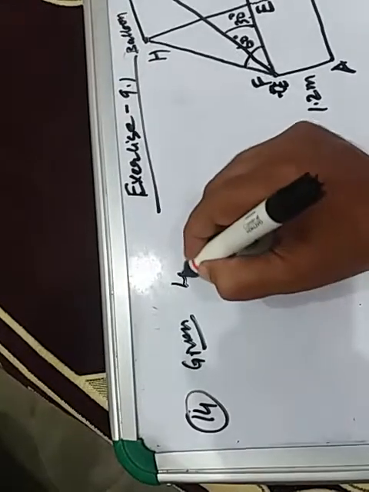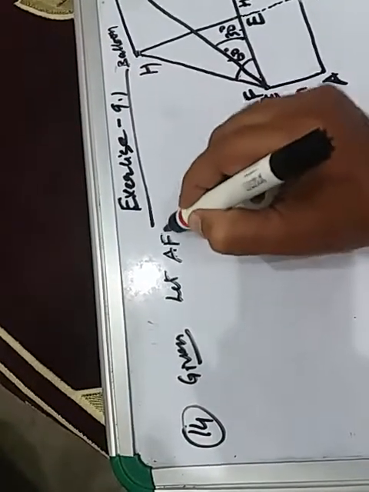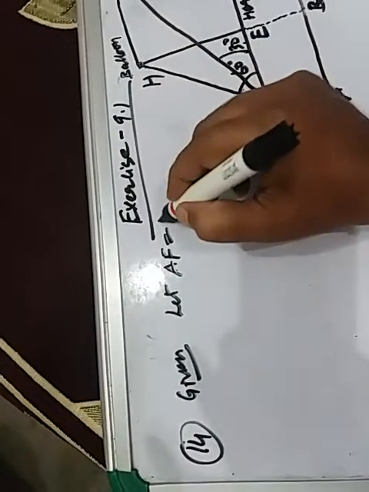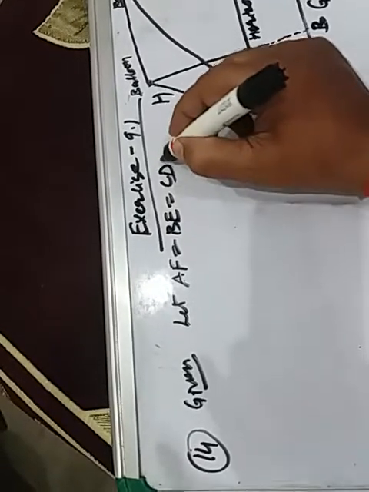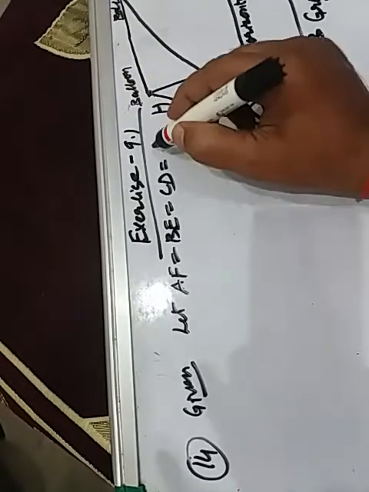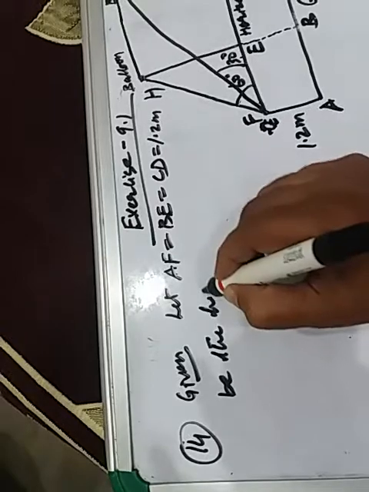Write down, children. Let AF equal to BE equal to CD equal to 1.2 meter, the height of the girl.